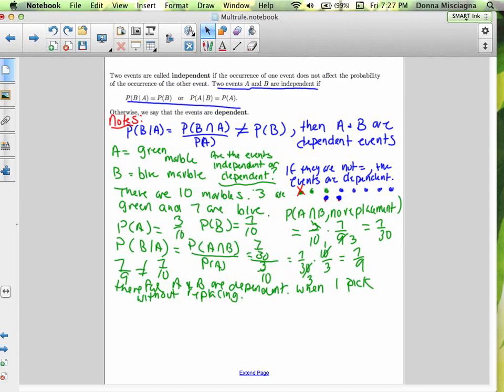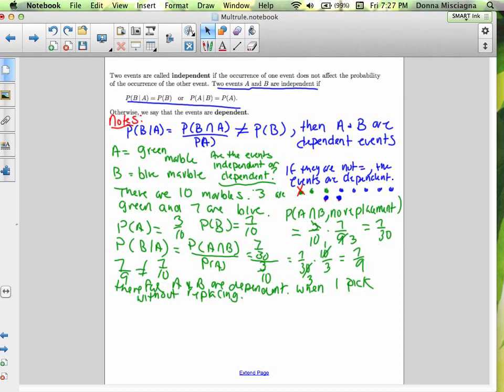So picking it out without replacement, dependent events, and here's how you prove that. You will definitely have some problems where you have to prove whether or not the events are dependent or independent.